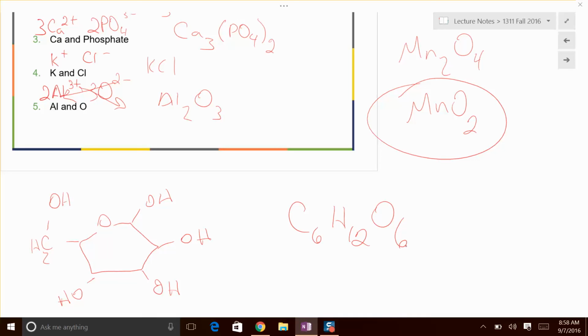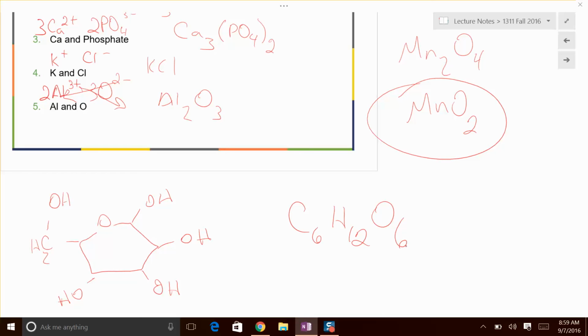I can't change the number because that would change the structure of this compound. If it only had 5 carbons, then it would change this. It wouldn't be in this same way. So this is a covalent compound. It is different than something that is ionic. If it's a covalent compound, I have to show how many I have of everything inside of that one compound.